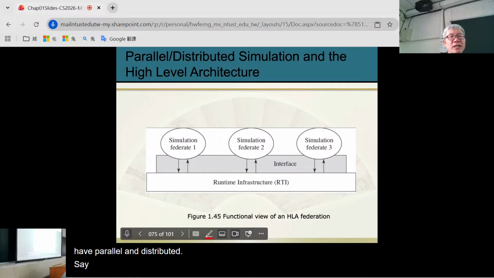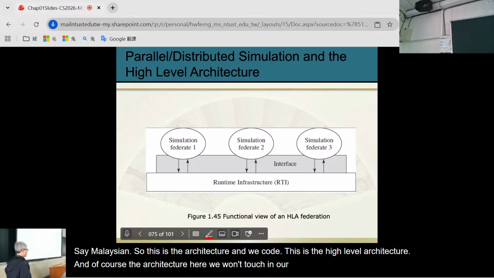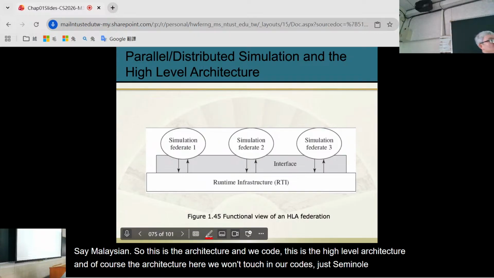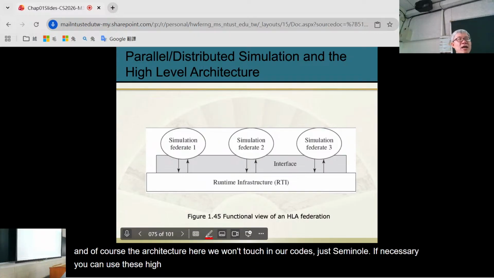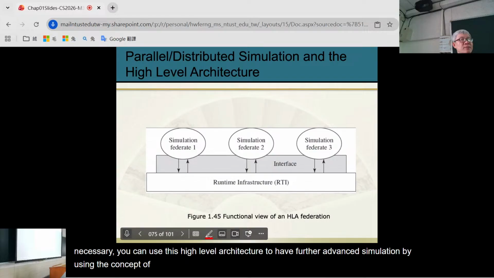This is the architecture, and we call it the high level architecture. Of course, we won't touch this architecture in our course. We just let you know that if necessary you can use this high level architecture to have advanced simulation by using the concept of parallel or distributed simulation.